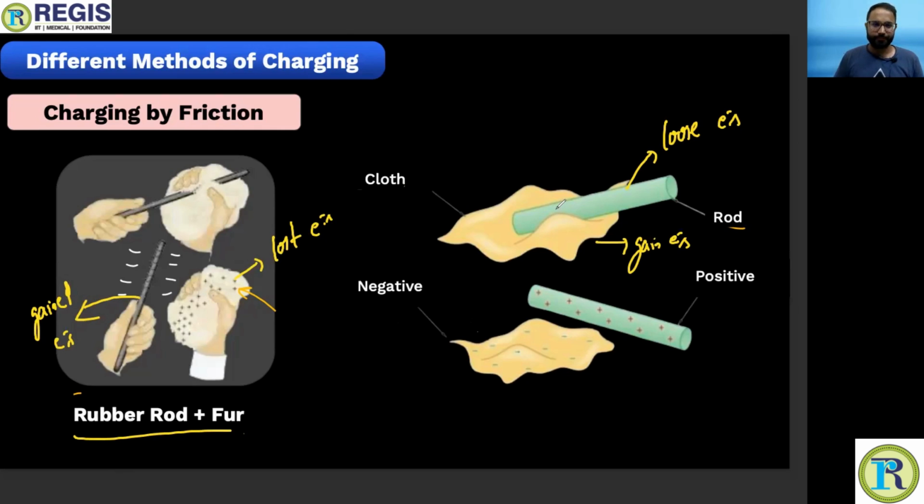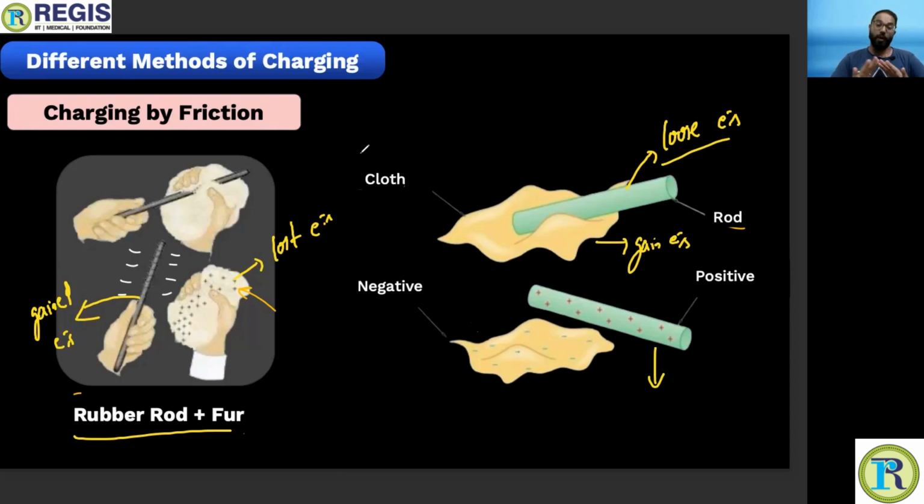But in case of cloth, this time glass will lose electrons, and cloth will gain electrons. Any doubt, any confusion? Clear? So you can note down.